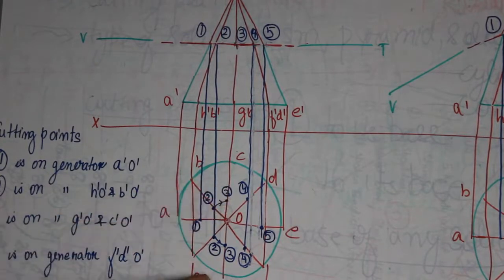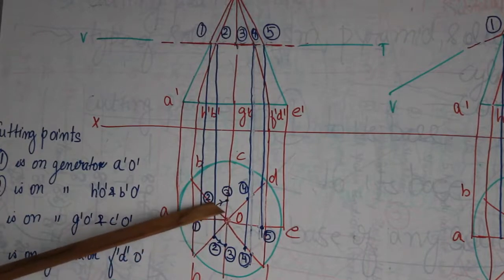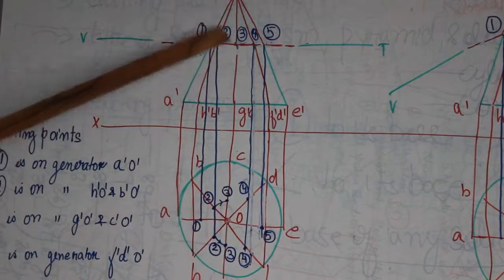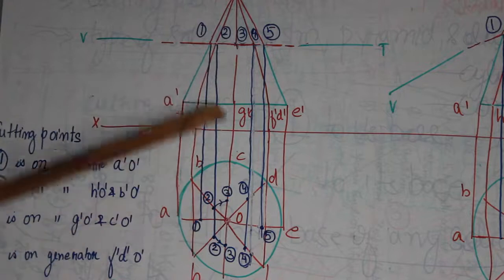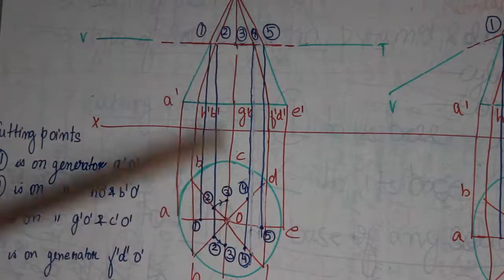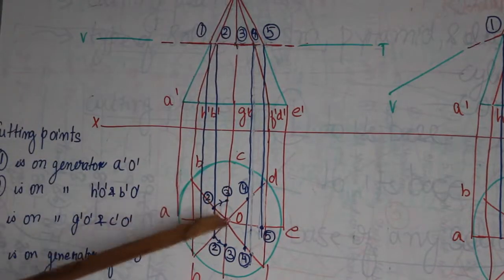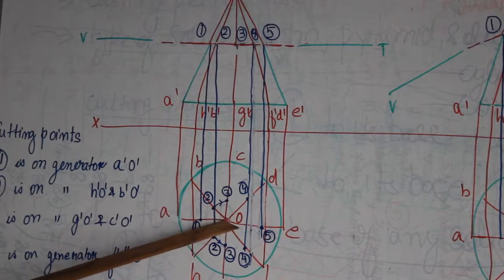For 3, we have taken the radial distance, because if we drop a projection from 3, it doesn't cut anywhere on the generator, it just passes through the straight line. But why take the radial distance?